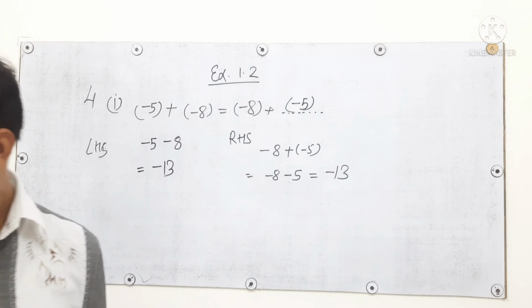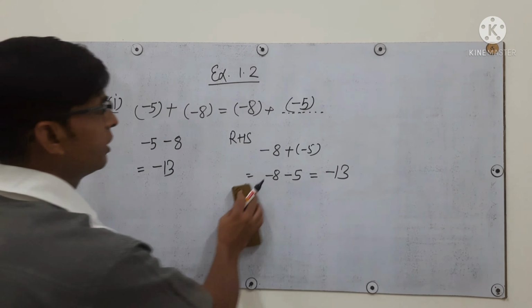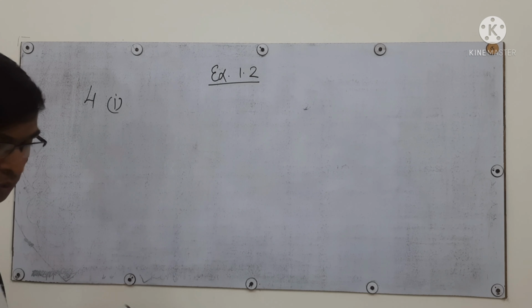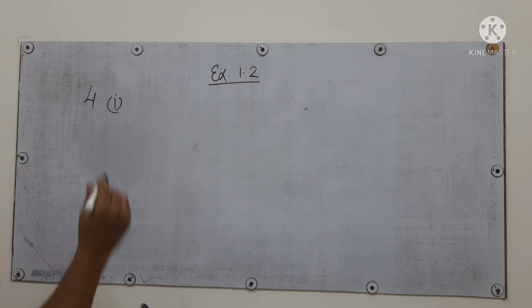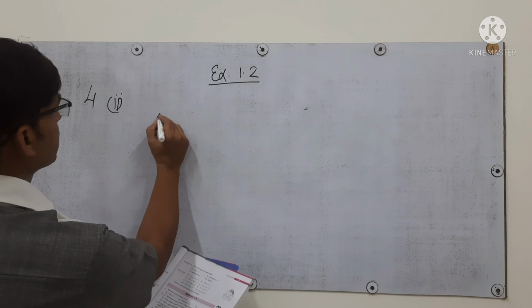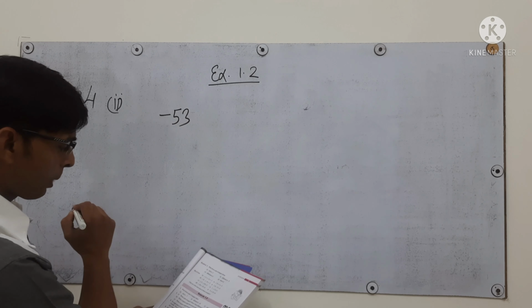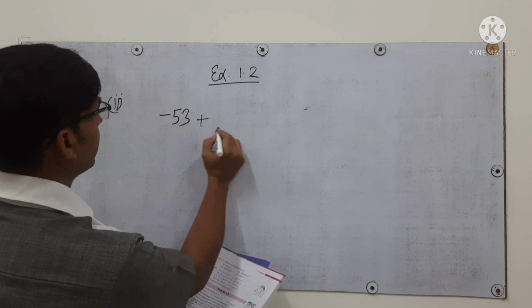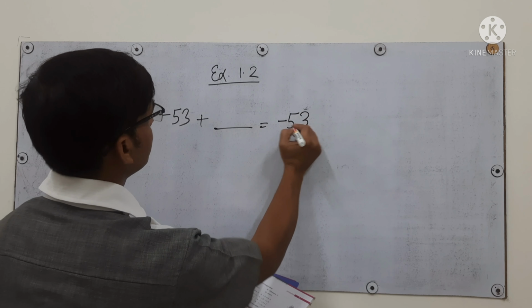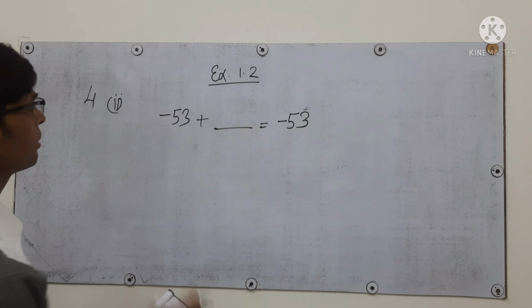The second part is also a very simple part. Here it is given minus 53 plus, and here it is blank, then it will be again minus 53. So we have to fill in the blank here.